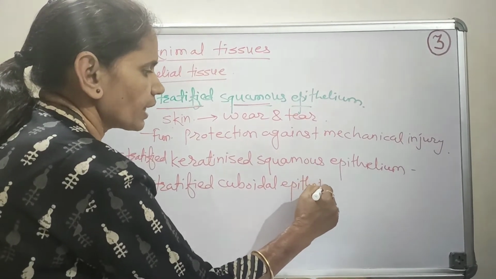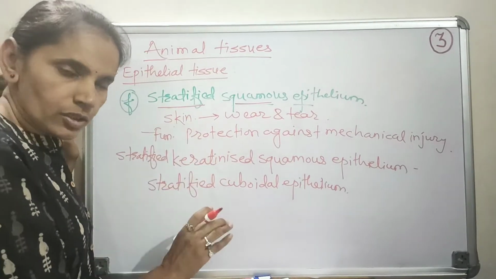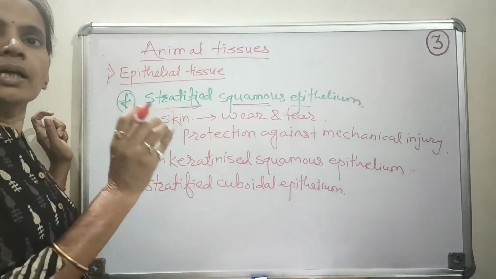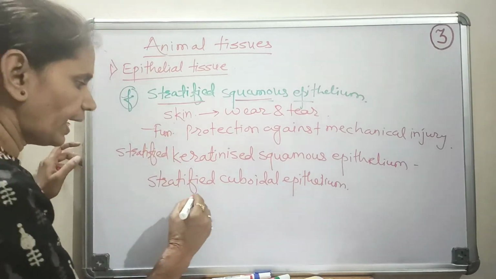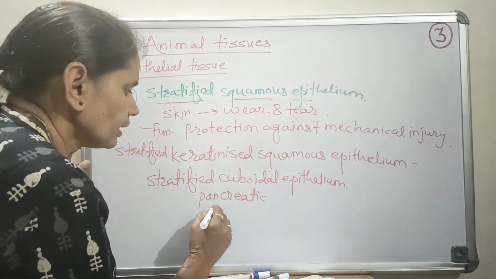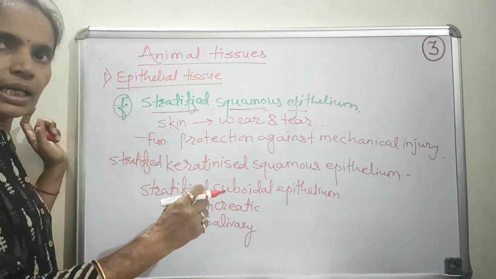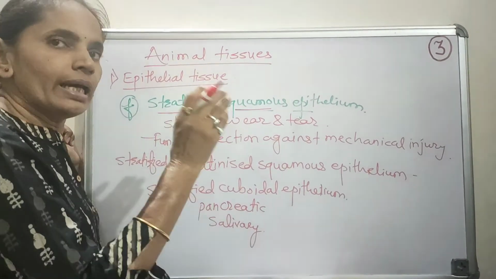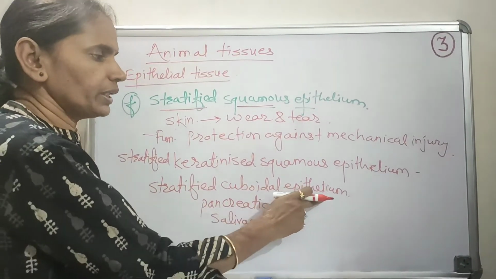This stratified cuboidal epithelium has layers of cuboidal epithelial tissue. It is present in the inner lining of larger ducts of two different glands, the pancreatic glands and the salivary glands. These glands have larger ducts, and the inner lining of those ducts is made up of layers of cuboidal epithelium, known as stratified cuboidal epithelium.